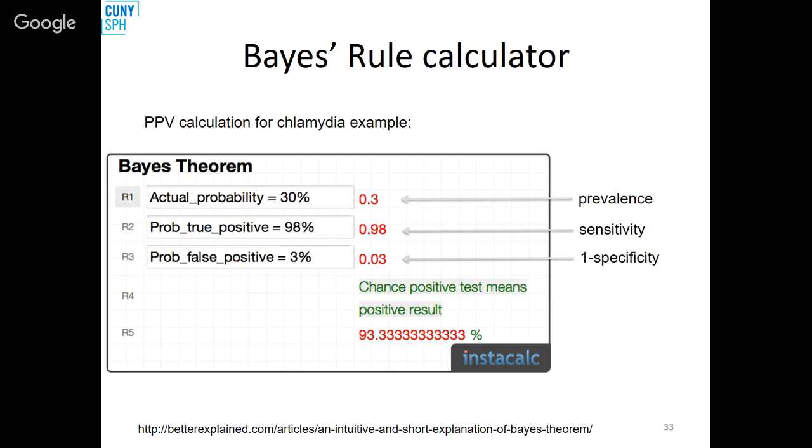I'll also provide a spreadsheet with the formula in it for you, so you can just enter these things and do the Bayes rule calculation. But you have to understand what some of these basic things are: how to calculate prevalence, how to calculate true positive rate, that's sensitivity, false positive rate, that's specificity, and then you can use Bayes' rule to get all of these useful, interesting things like PPV and NPV.